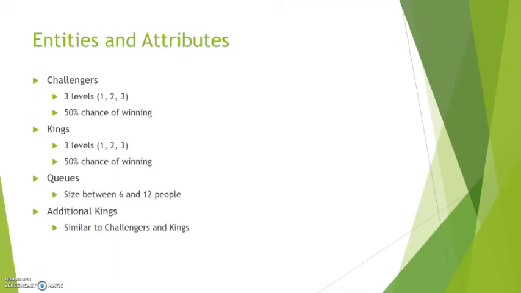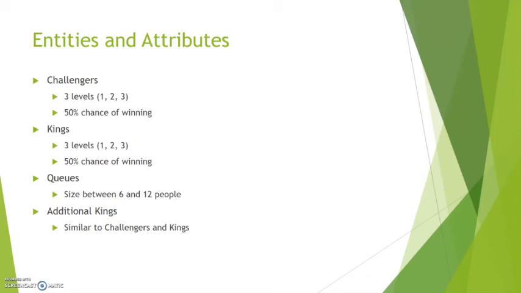The challengers and kings can both have 3 different levels, and the chances of winning are 50% for each. The queues have a size that ranges from 6 to 12 people, and after the beginning of a trial, the size stays the same until the end of the trial. The additional kings are similar to the kings and challengers in the sense that they can also have 3 different levels, and their chances of winning are still at 50%.